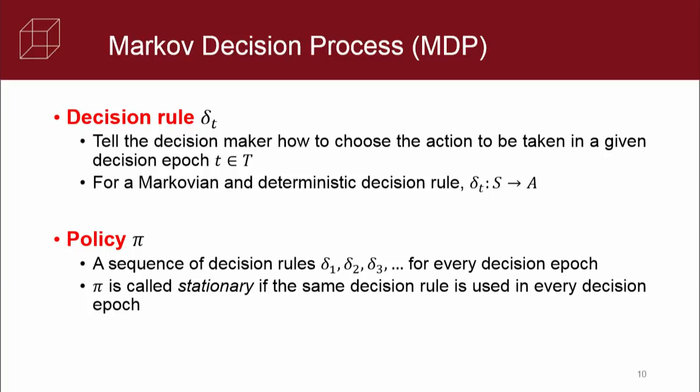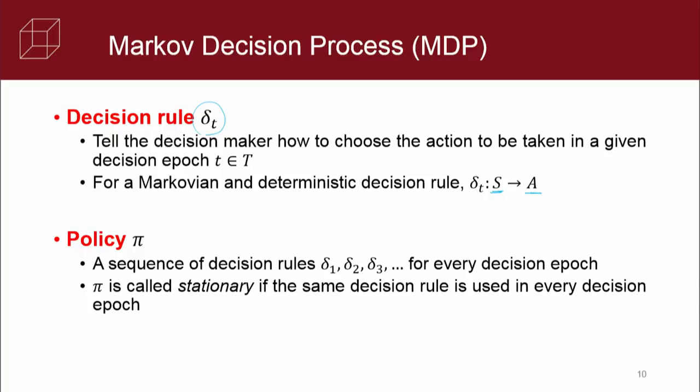As you may recall, a decision rule, delta t, is a function of the state S that maps from the state space to the action space. So it tells the decision maker how to choose the action to be taken given the state S at the decision epoch T.